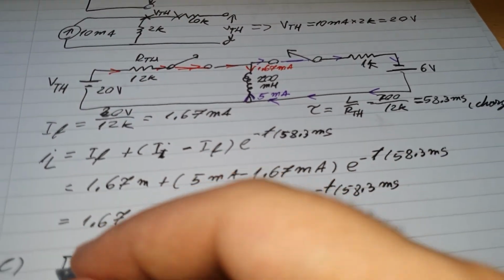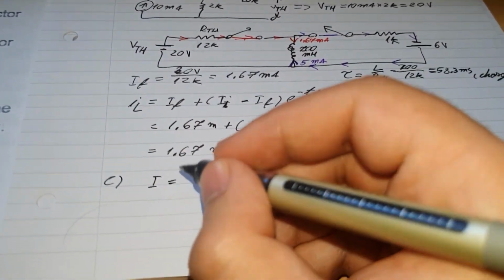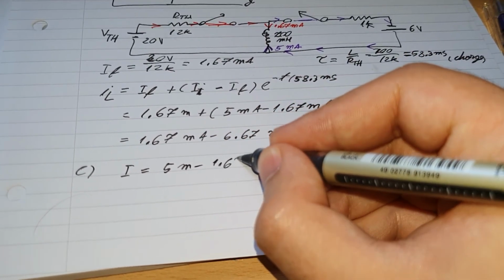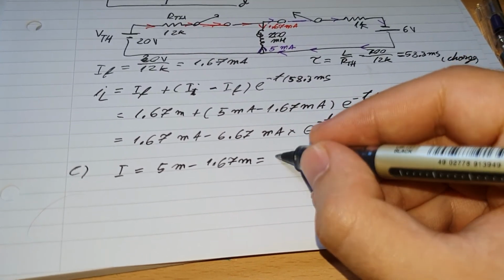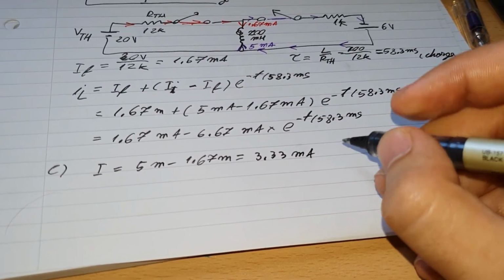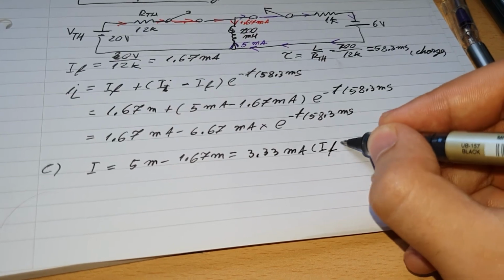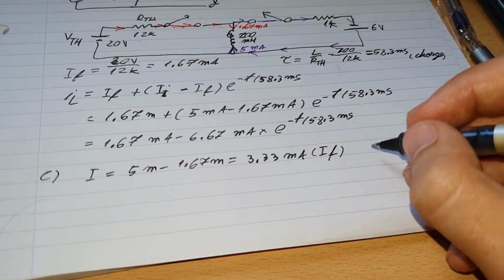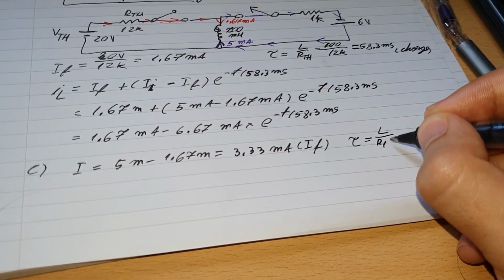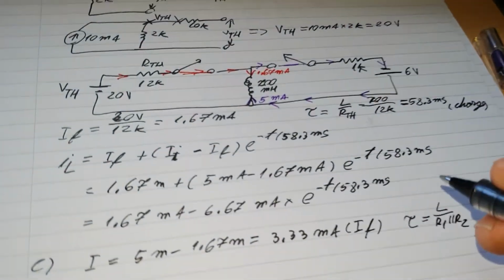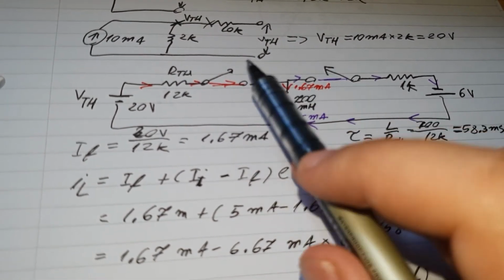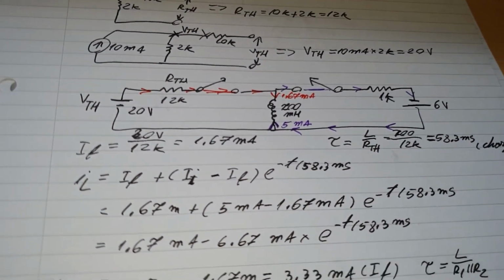So let's calculate. I will be equal to 5 milli minus 1.67 milli, so that will be the total current going through it, 3.33 milliamps. I will call that the reference current, and then we'll calculate the time constant. That will be equal to L over, and then we do R1 in parallel with R2, because this is a junction in here, which means these resistors are in parallel with each other.